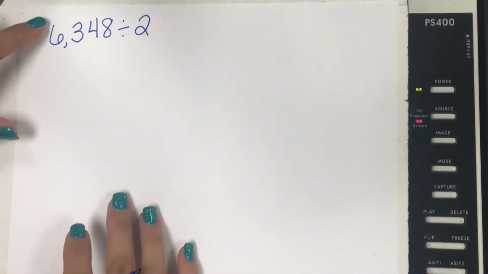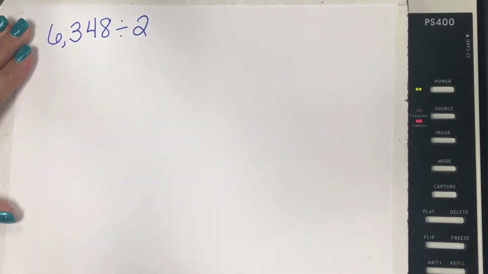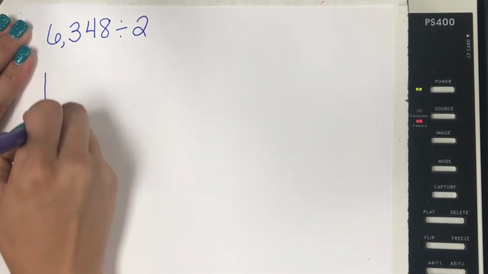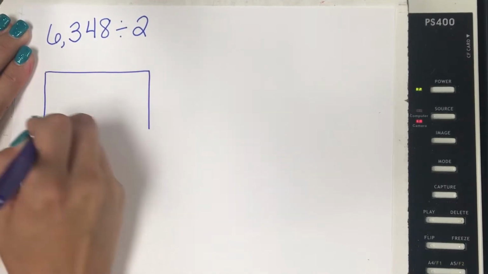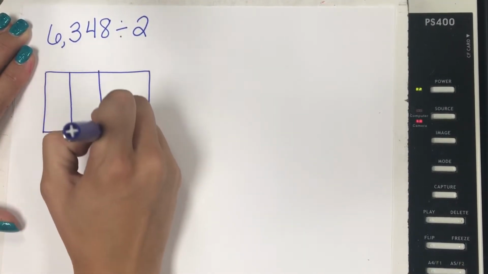Here's the example, 6,348 divided by 2. Because we started with the picture version last time, this time I'm going to start with the box version. Okay? So, I'm going to go ahead and draw my box.